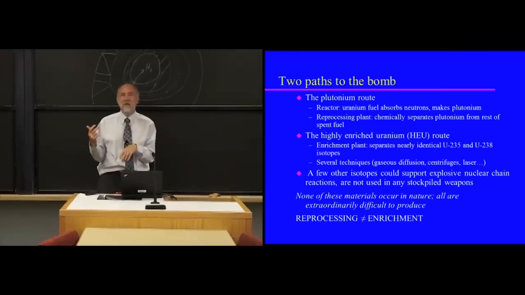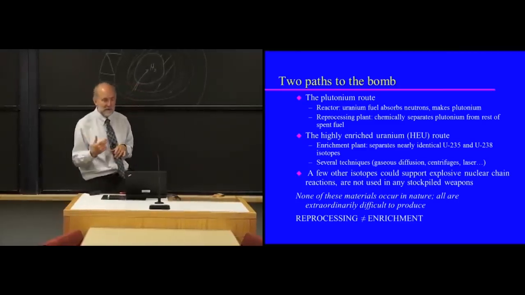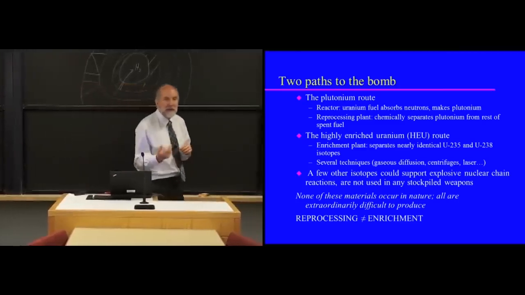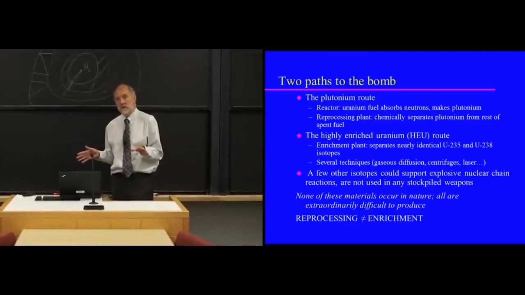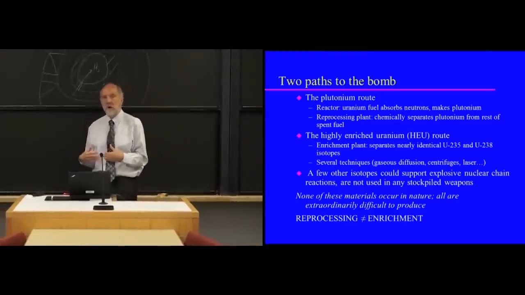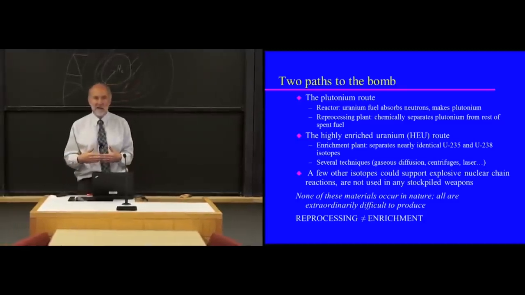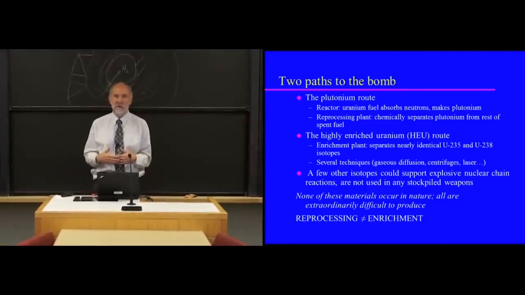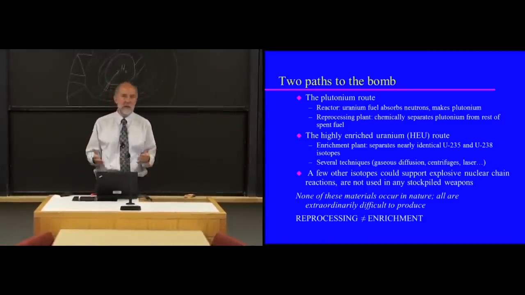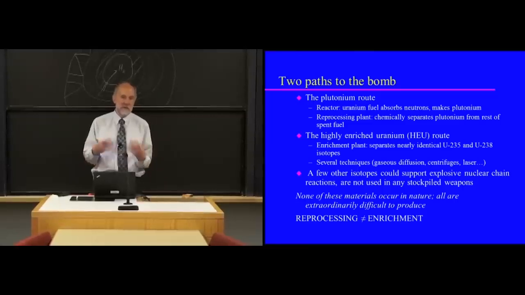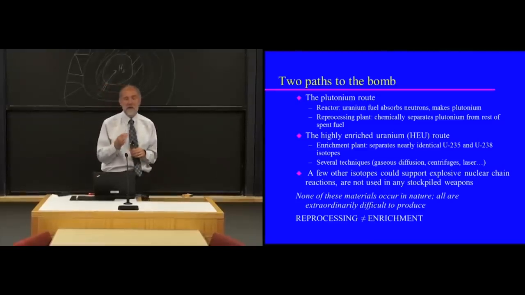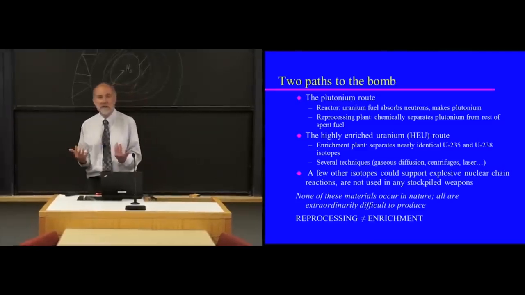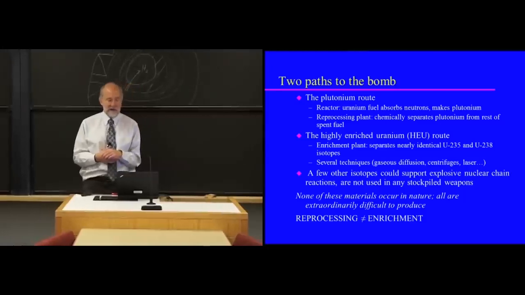Uranium-238 has 3 more neutrons. Okay? Those 3 extra neutrons make uranium-238 very difficult to split and incapable of sustaining a nuclear chain reaction, either a chain reaction in a reactor or an explosive chain reaction in a bomb. So you need the uranium-235 to get that chain reaction going.